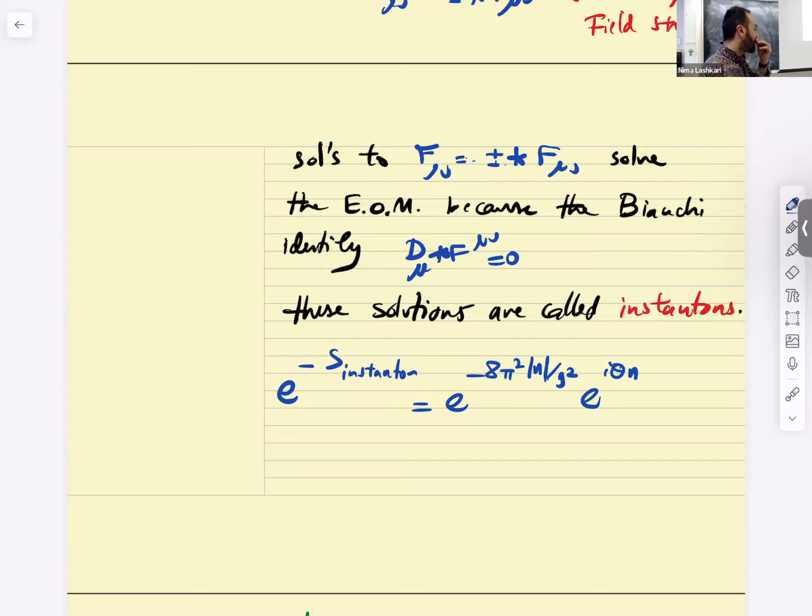Yes, in the case of abelian, correct. Thanks for the question. Non-abelian, the equations are non-linear, so it's complicated. Linearity is important.